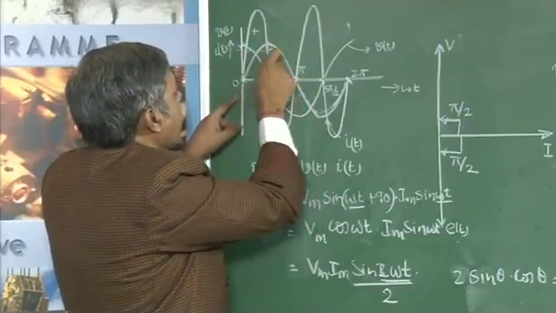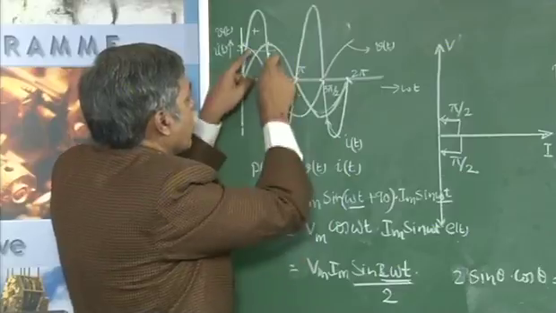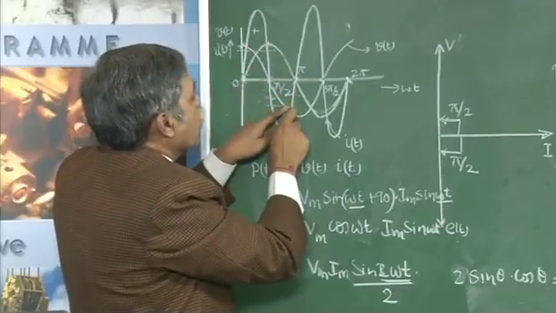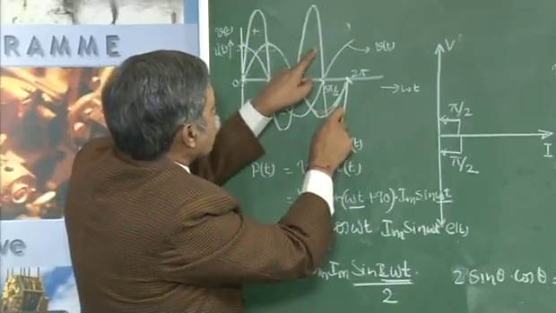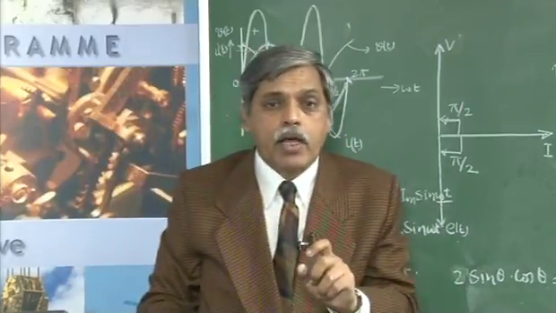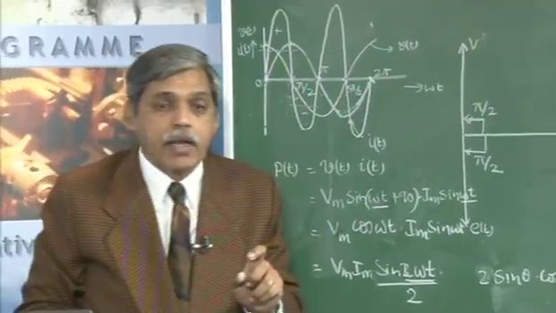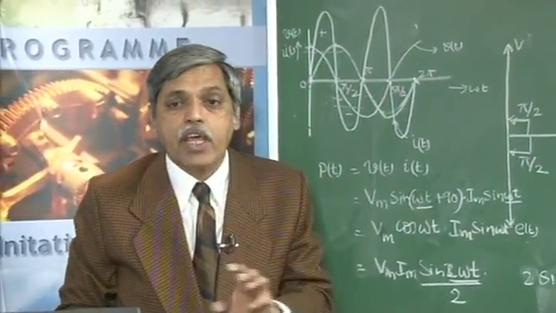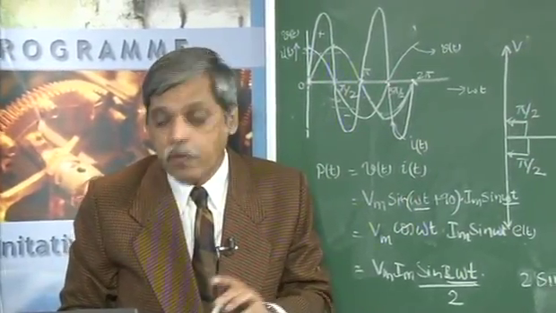So the positive average value and the negative average value cancel, so I get a 0 value, or in this cycle also I will be getting a 0 value. Therefore the average power consumed by the pure inductor will be 0.